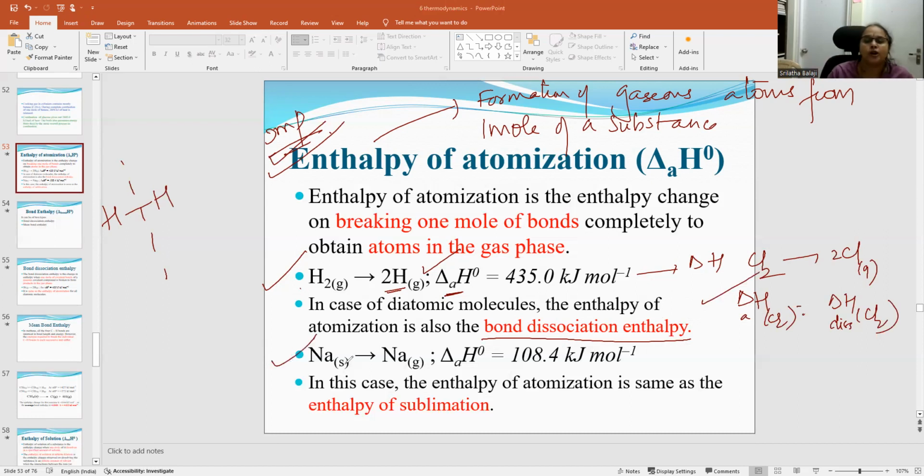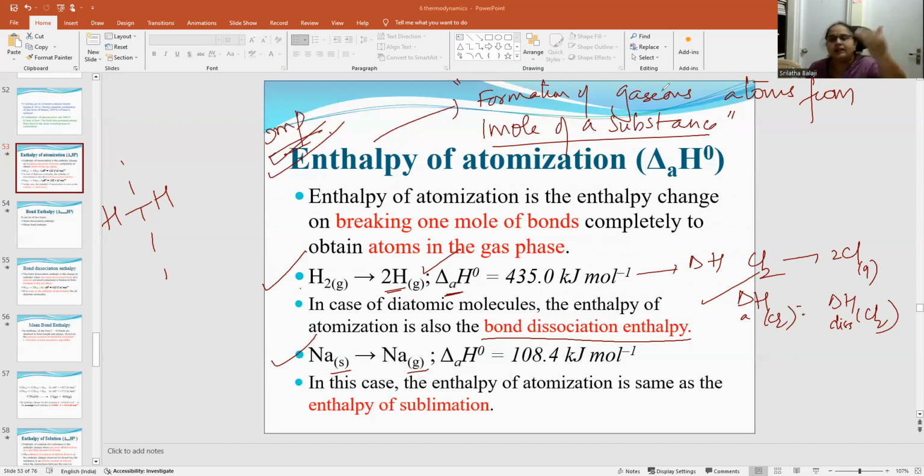See, otherwise, solid sodium is converted to sodium gas. What do you call solid to gas conversion? Just now we did. Sublimation. Isn't it? From the definition of atomization, that's why I want you to view it this way. Please, formation of gaseous atoms from 1 mole of a substance. View it this way. It will be appropriate.